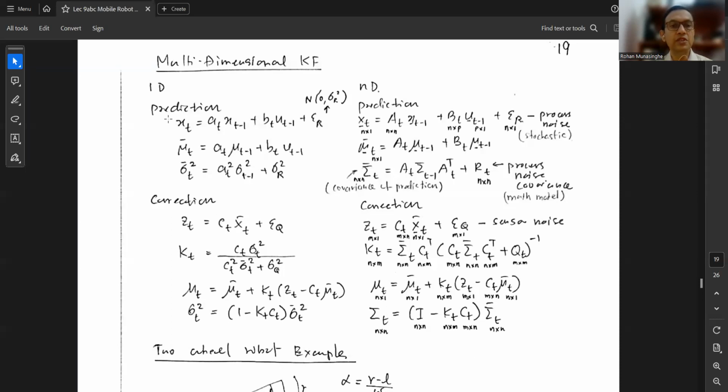You can see the first equation, x_t, the state transition equation. This is known to everybody. You see a times x_t minus 1. This is the homogeneous part of the state transition. But when you have a control signal u_t minus 1, you change the position because of the control signal.